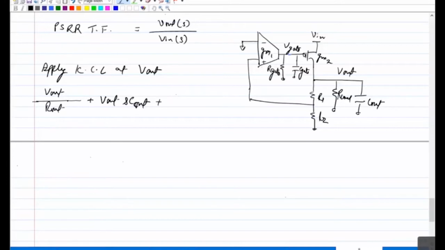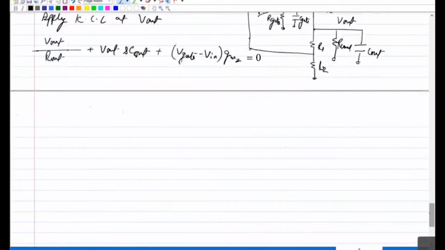Okay, what is the current from the PMOS? gm into V gate minus V in. And this V gate is again V out times beta times gm1.